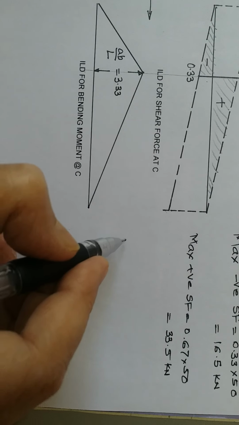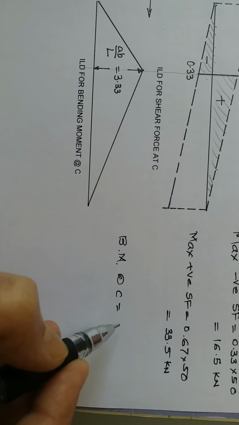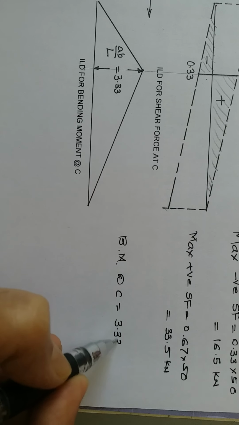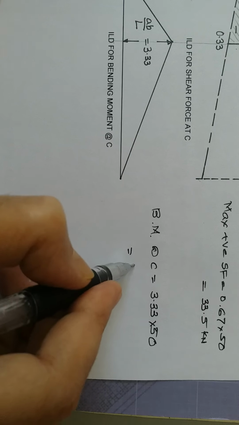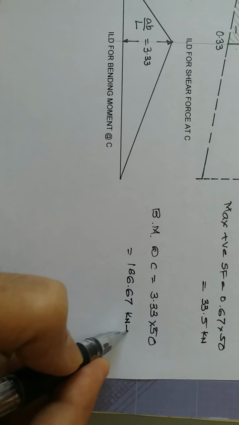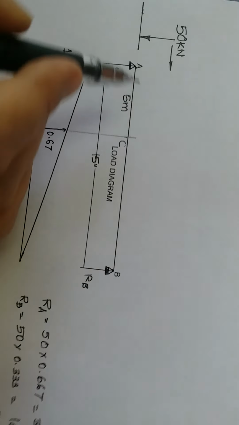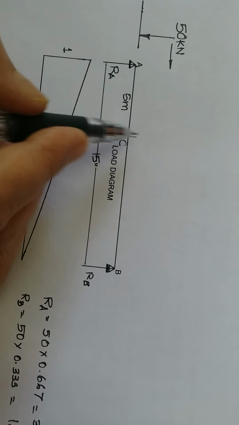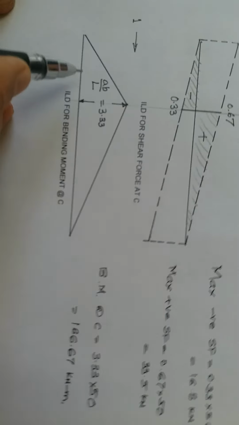And if you calculate bending moment at C, it will be ordinate multiplied by the load 50, so we will get 166.67 kilonewton meter. So this is how we can check it by putting the 50 kilonewton load at C and calculating reactions at A and B, shear force at C, then bending moment at C.